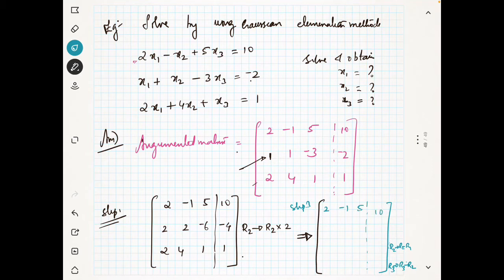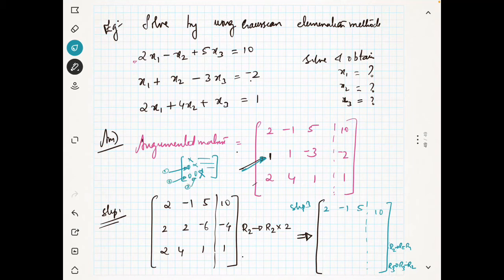Now I am going to change row 2 because I want to make 0 here. Some elements may not be zero, there is no issue, but I want 0 here, this is a must in the Gaussian elimination method. So I want to make this 0, then this one and this one. That is the procedure.